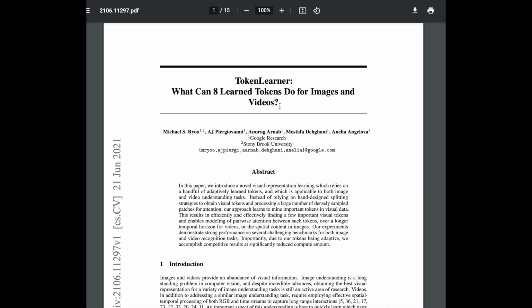What we're looking at here in TokenLearner, what can 8 learned tokens do for images and videos, is having this massive compression bottleneck at the beginning of the image or video data. Say you had a character sequence length, and later in the video we'll look at the Charformer architecture. That would be encoding all of these characters individually. So Charformer turns into CHARFORMER, compared to the tokenizers where you block it up into char and then former, say, being 2 separate tokens. It's this huge compression bottleneck in the beginning of the network that performs very well for these natural language processing tasks.